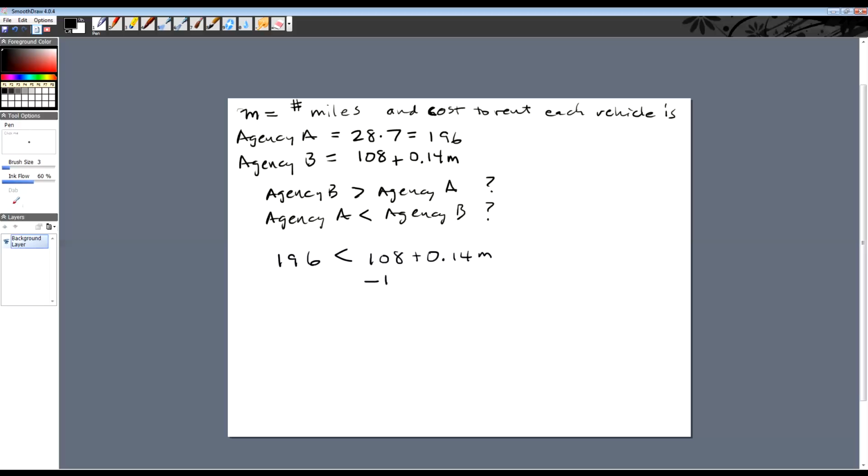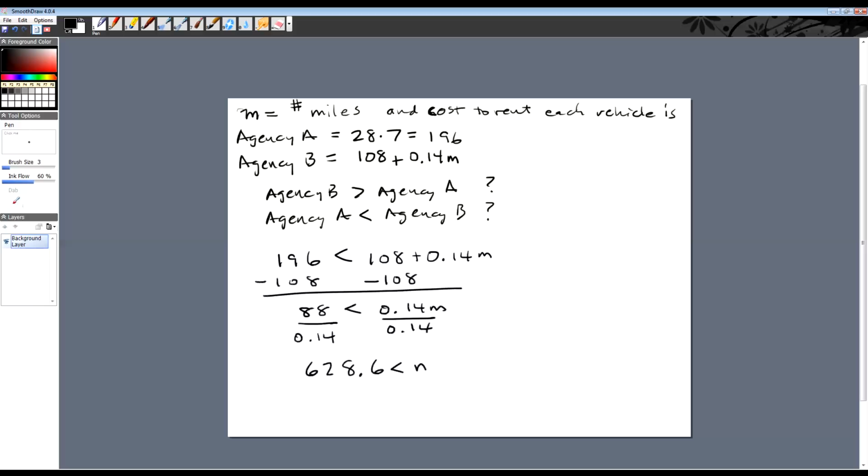So let's isolate these, subtract 108 from both sides. Get 88 is less than 0.14 M. Divide both sides by 0.14. And what we get is 628.6 is less than M.